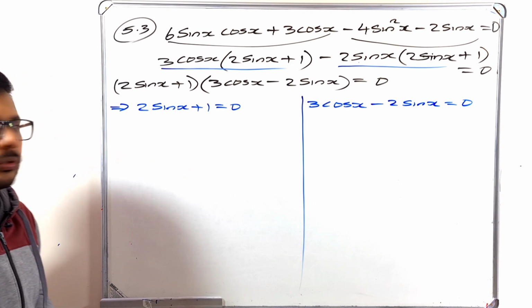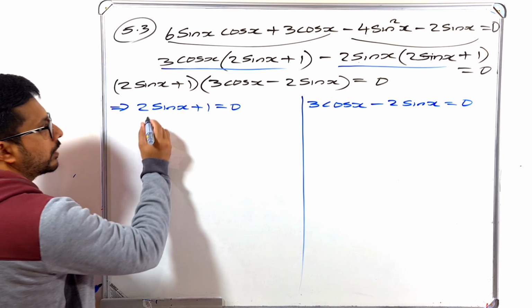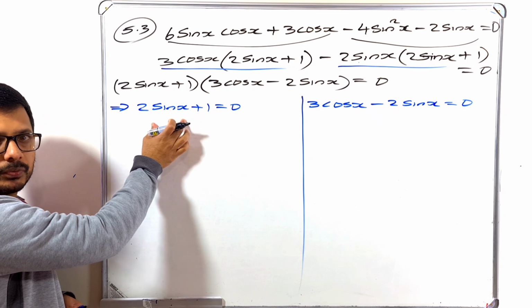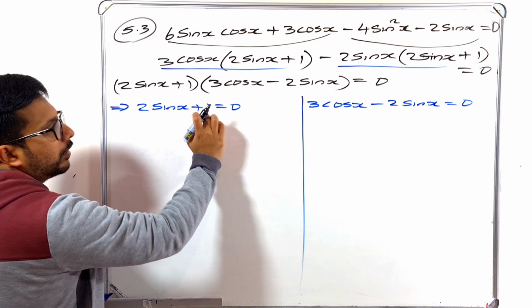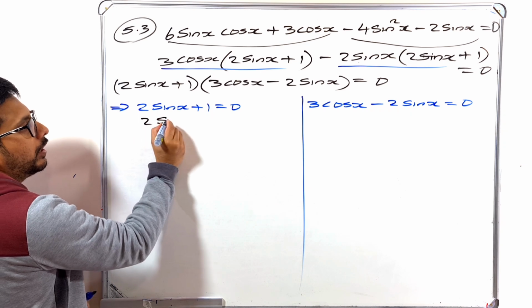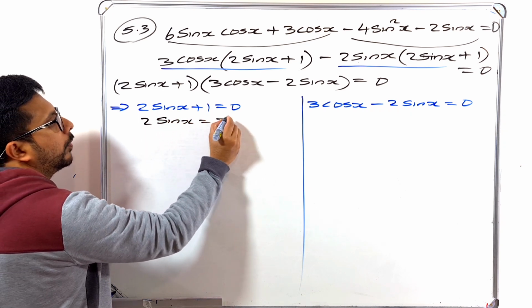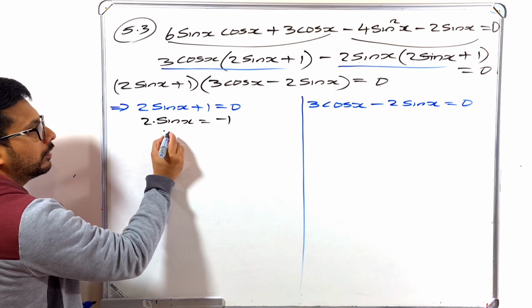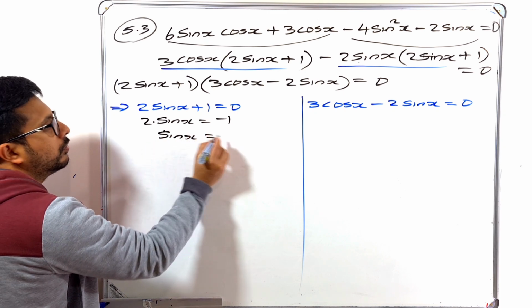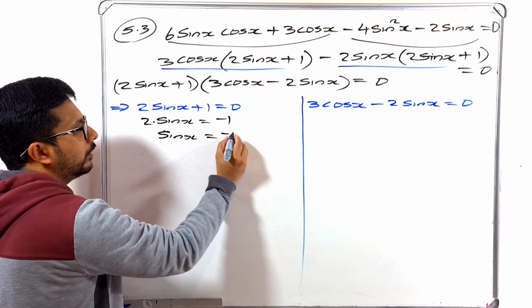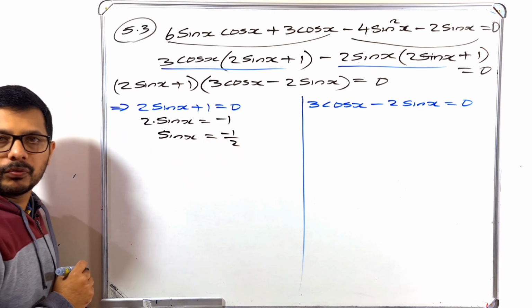Now we have to find the values of x, then the general solution. Let's consider this first one. Take this 1 to the other side, minus 1. So 2 sin x is equal to minus 1. From here, what is sin x? Divide both sides by 2. These 2 cancel, then here it is minus 1 over 2.